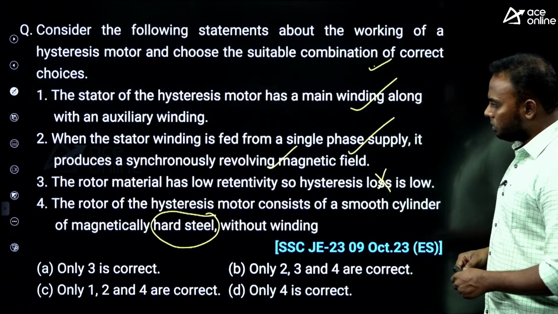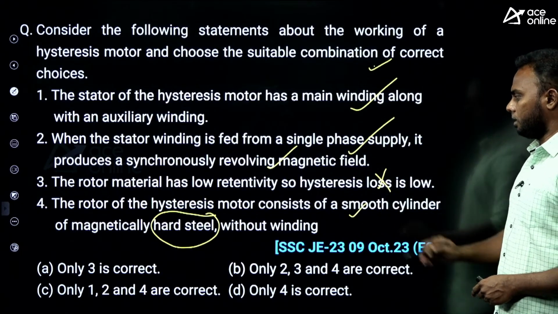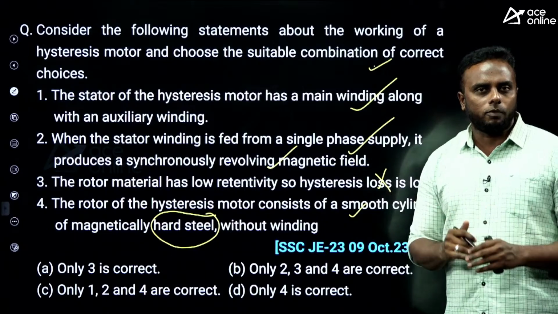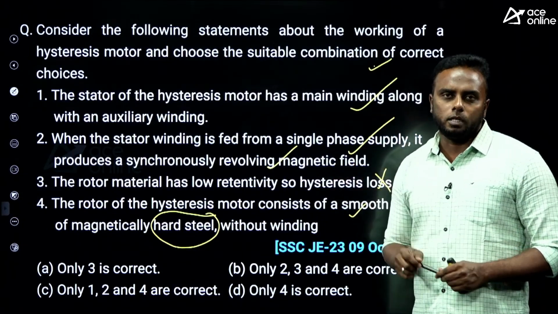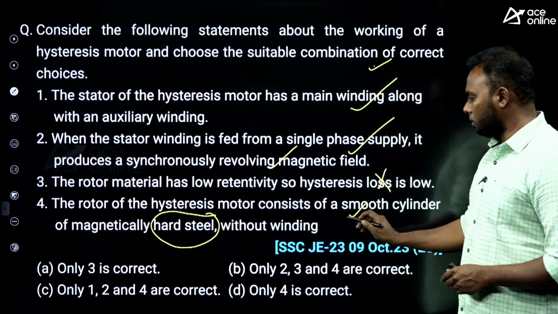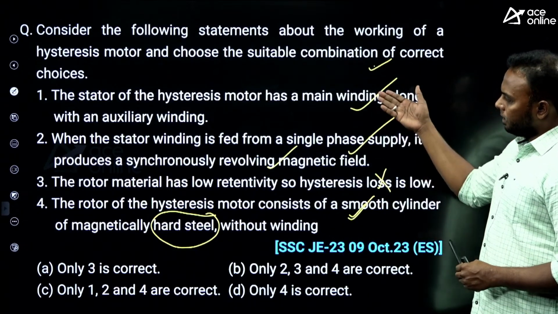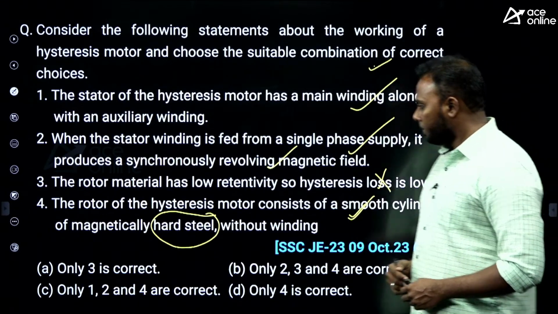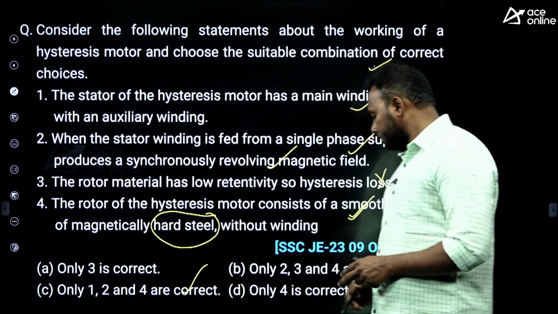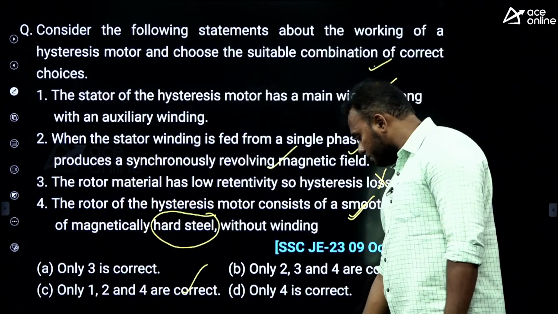So this statement is also correct. There is no winding, and a smooth surface, so it is almost a noiseless motor. It will rotate smoothly. So 1 is correct, 2 is correct, and the fourth one is also correct. 1, 2 and 4: option C is correct.